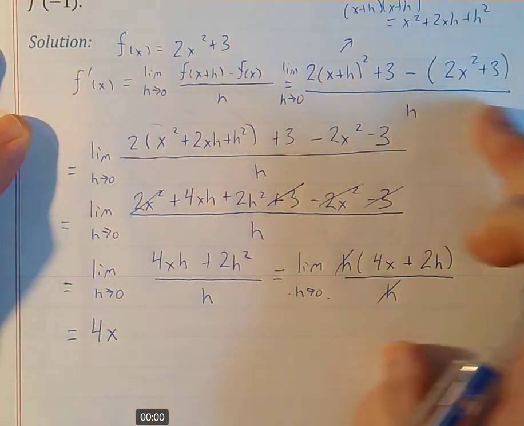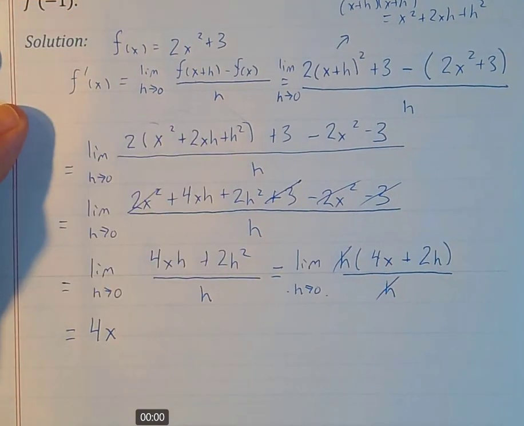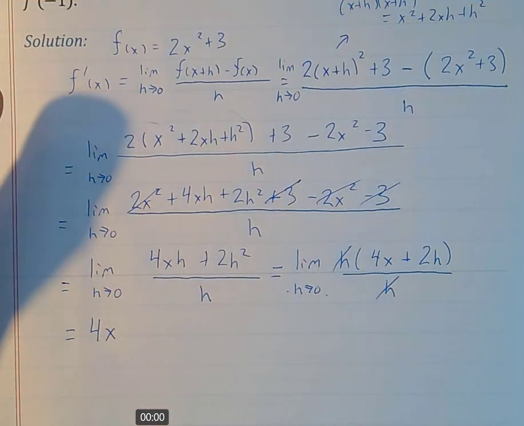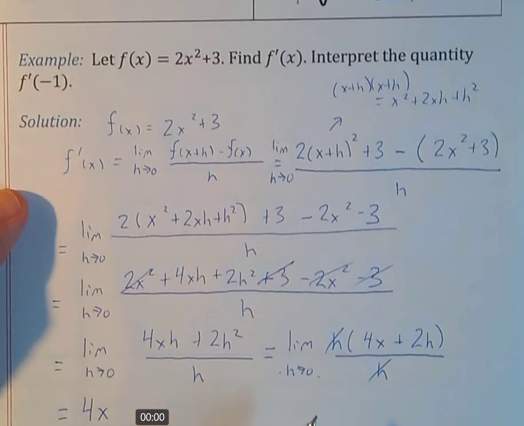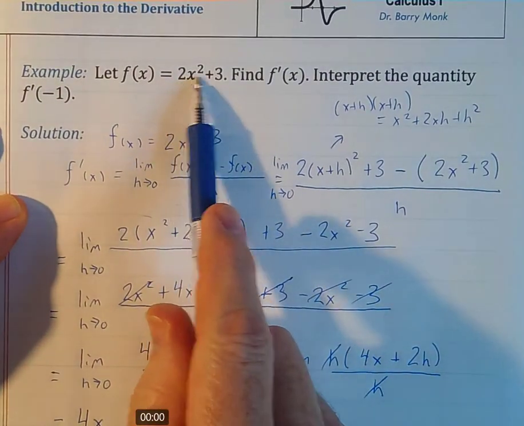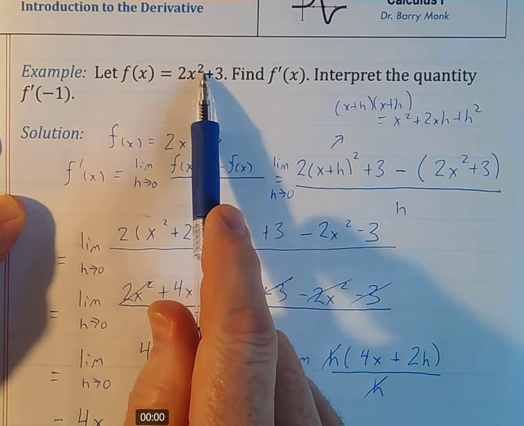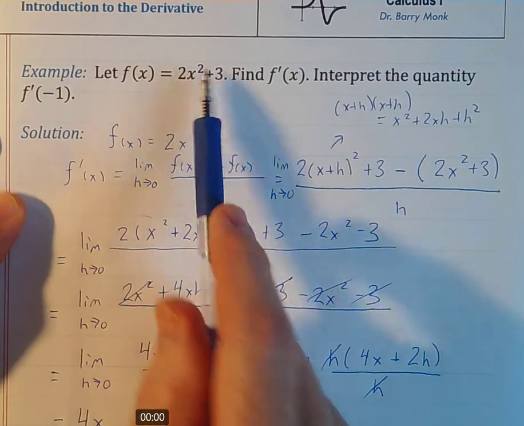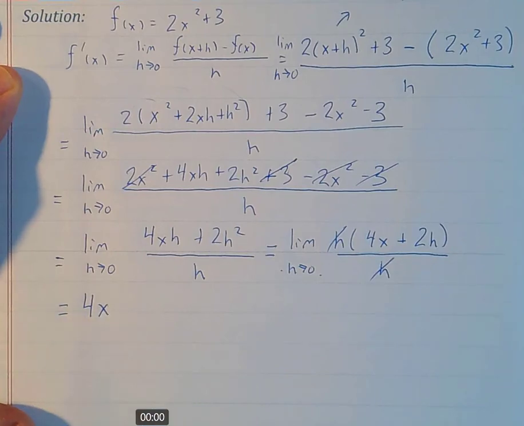And like I said, I know this was a lot of messy stuff, got a little bit complicated, but this isn't really the way that we're going to do derivatives. We're going to have some shortcut formulas that'll make this a whole lot easier to go through. But what we found is that we've got a function, 2x squared plus 3, and if I want to find the slope of the tangent line anywhere along this function, the slope of that tangent line would be given by the formula 4x.